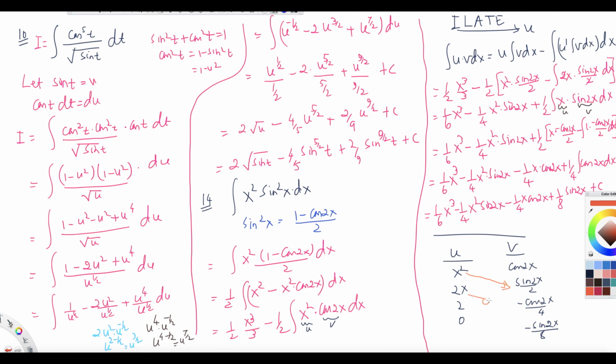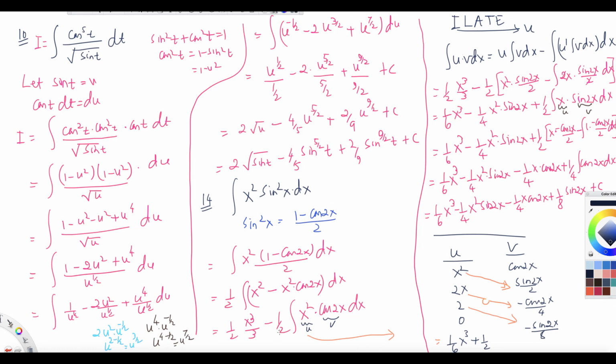The first one is positive, second is negative, and then third one is positive. So how would that second integral look like? Then the answer is equal to, you can do it directly like that, right? You can write 1 over 6 x cubed, and then plus, you see that 1/2, and then x squared times, so there is 1/2 already.